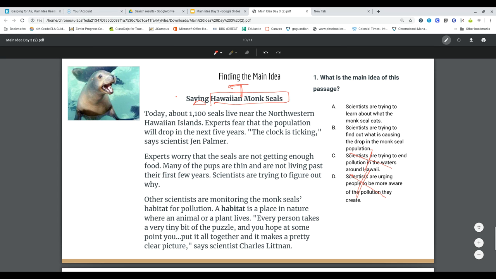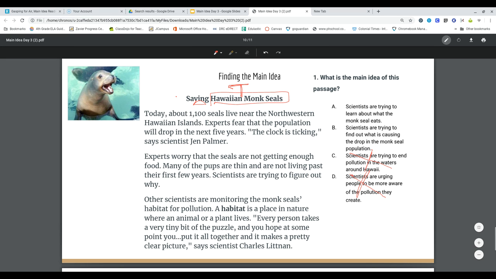So C and D, I knew right away I could get rid of. Okay, A and B. A, scientists are trying to learn about what the monk seals eat. And B, scientists are trying to find out what is causing the drop in the monk seal population.